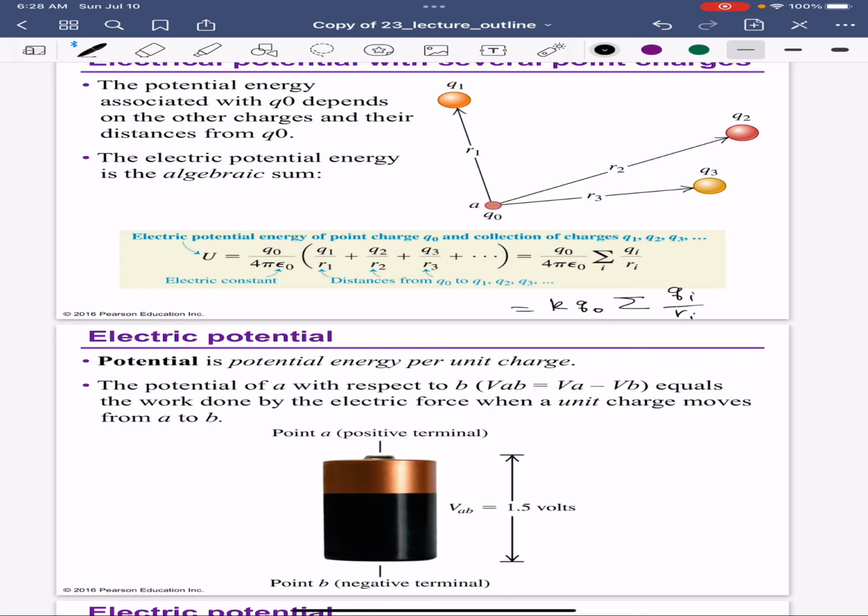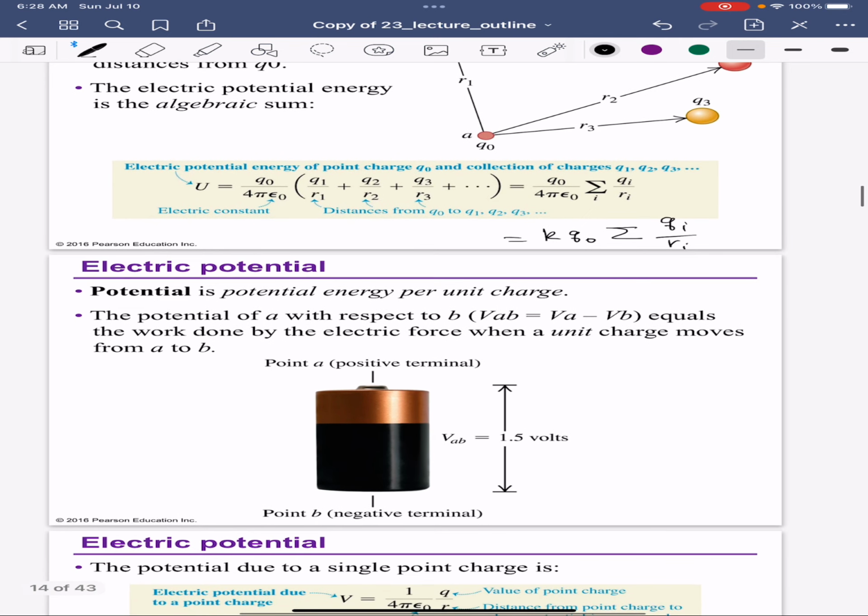Now, the electric potential is the potential energy per unit charge. Which means that UE is going to be Q0 times V, where we use V for the electric potential.